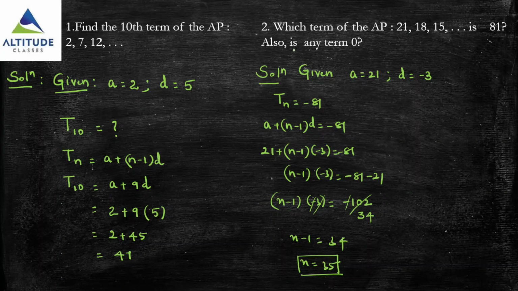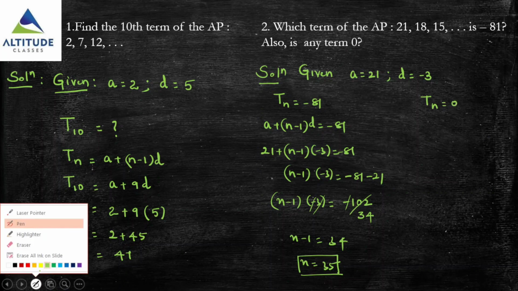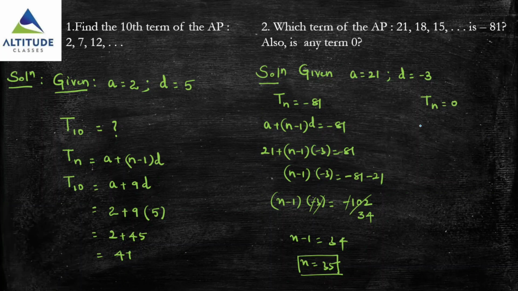Also they are asking if any term is 0. So let's calculate. Again we'll equate Tn to 0. That means a plus n minus 1 into d equal to 0. A is 21, plus n minus 1 into minus 3, equal to 0. So n minus 1 into minus 3 is equal to minus 21.